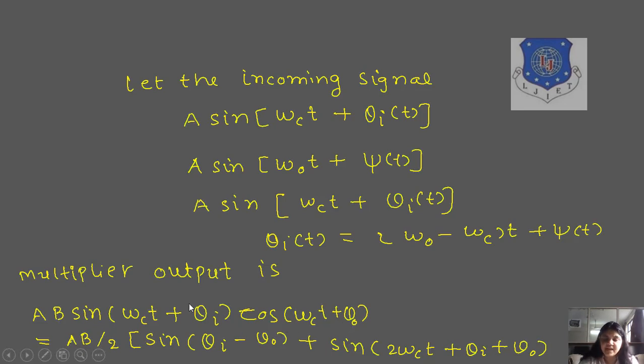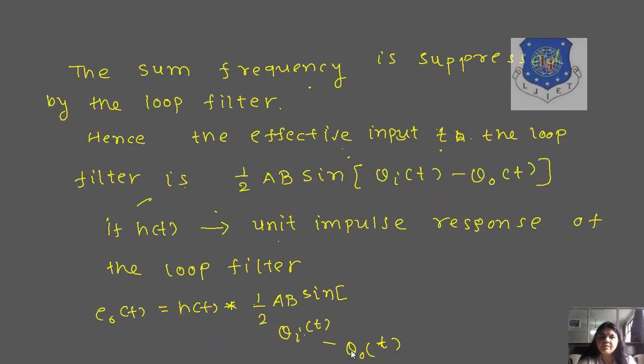By applying the 2 sin cos formula, it is equal to AB by 2 times [sin(theta i minus theta 0) plus sin(2 omega c t plus theta i plus theta 0)].